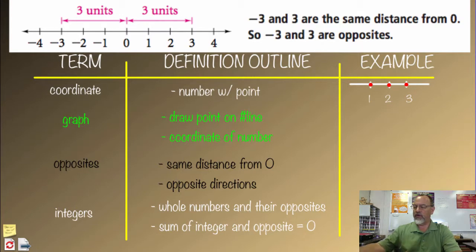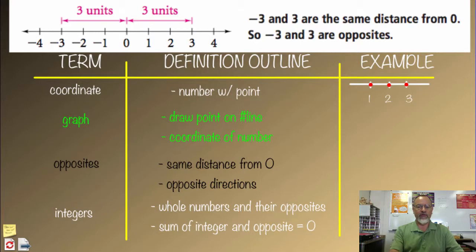No matter how far I go to the right, the positive numbers, the whole numbers, if I go the opposite direction the same distance for every single whole number, and I include all those, that is where we have this set of integers. So it's the whole numbers and their opposites that make up the integers.